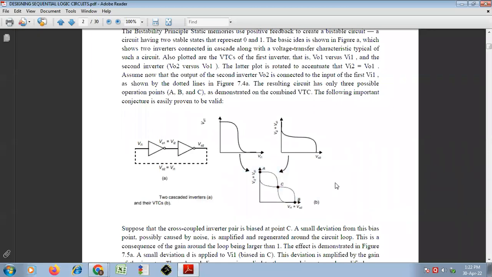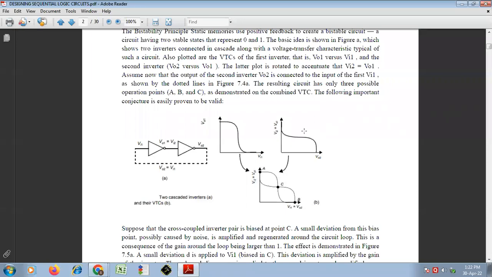Now what is the meaning of this graph? Normally, when we talk about the VTC curve of an inverter, you can consider either graph, this one or this one. It is more or less the VTC curve of a CMOS inverter, right? This is the VTC curve of the first CMOS inverter, and this is the VTC curve of the second CMOS inverter.